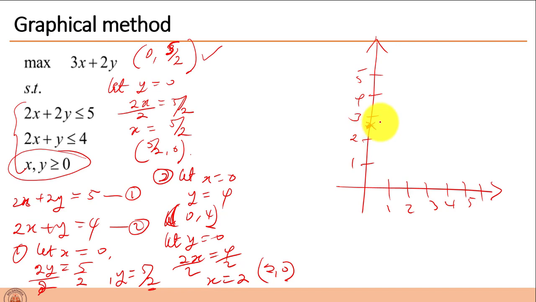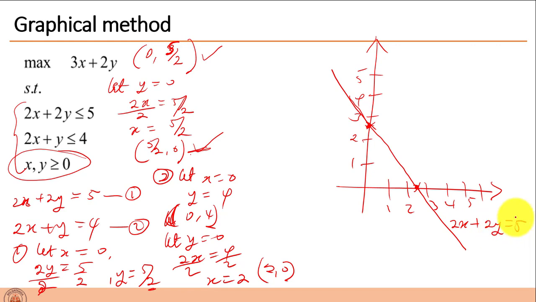Then 0, 5 divided by 2, the second coordinate, is right in the middle here. What we need to do now is draw a straight line. So we draw a straight line that will pass through these 2 points using the ruler. So like this. And then we can call this one 2x plus 2y equals 5.